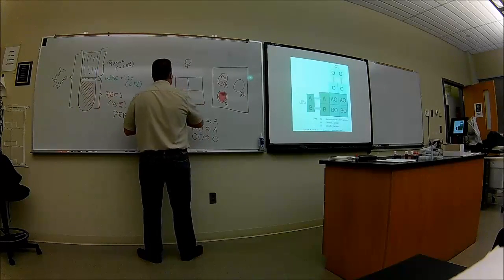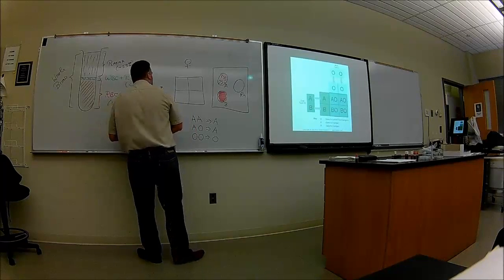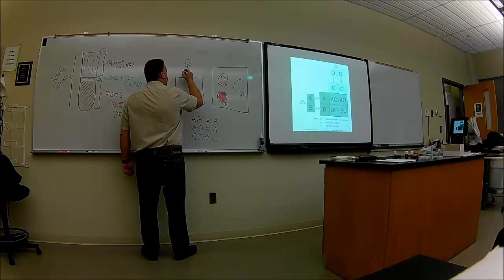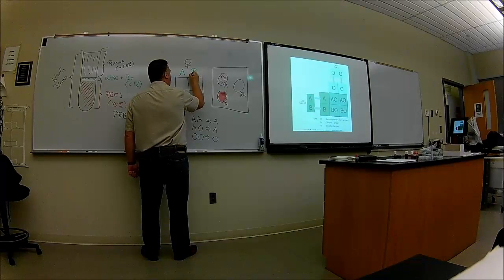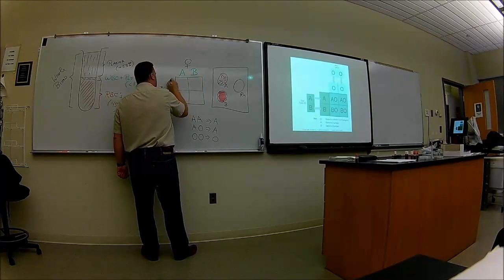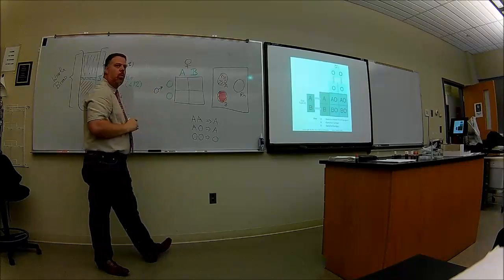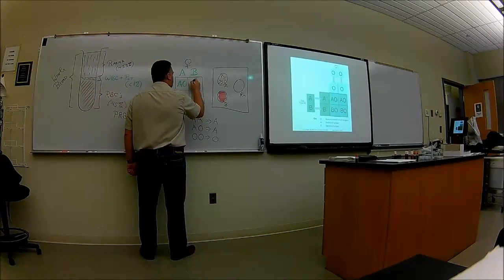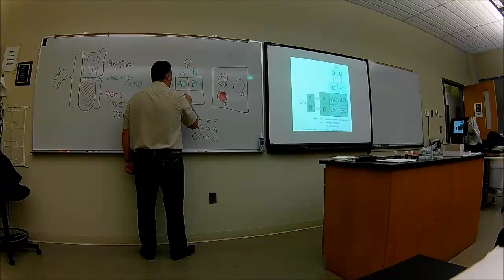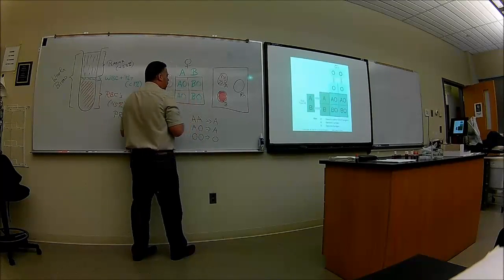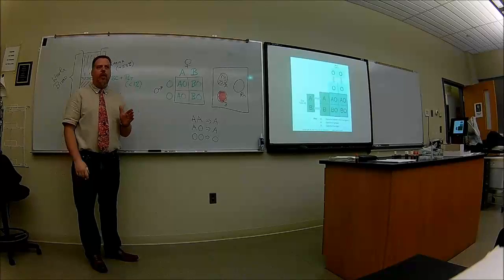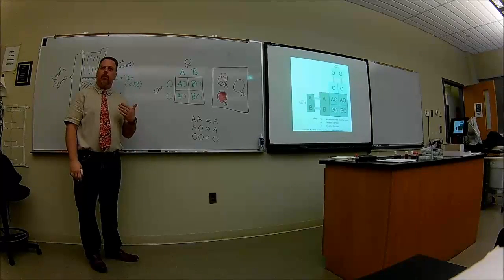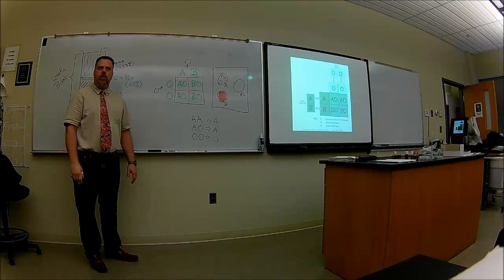Okay, how to read these? So if mom here is, let's say, blood type AB, and dad was O, then we just do this whole thing. And of the offspring, 50% will have A blood type and 50% will have B blood type.